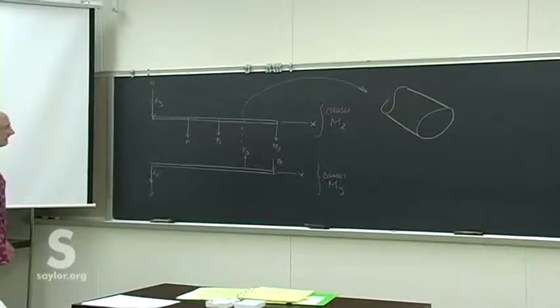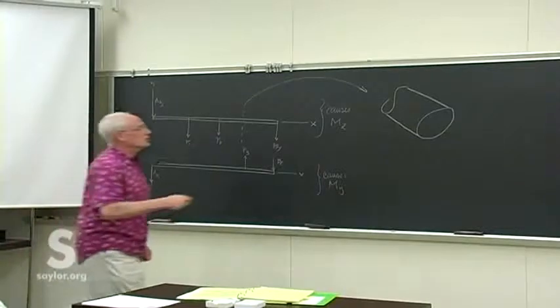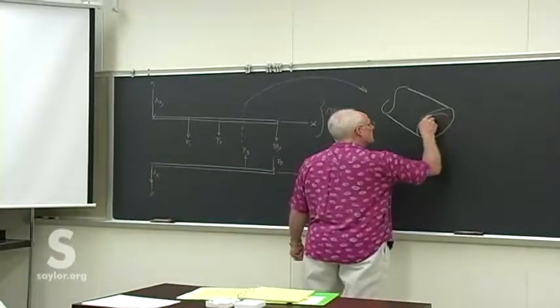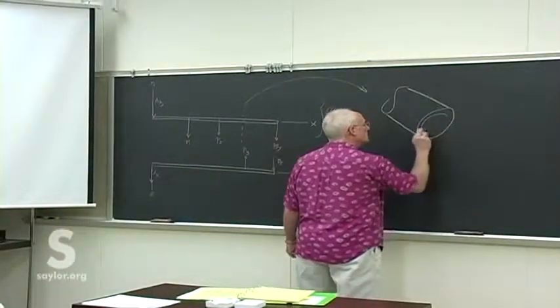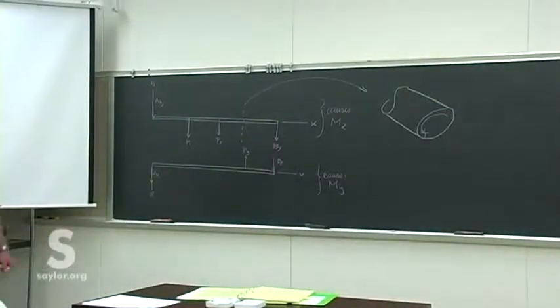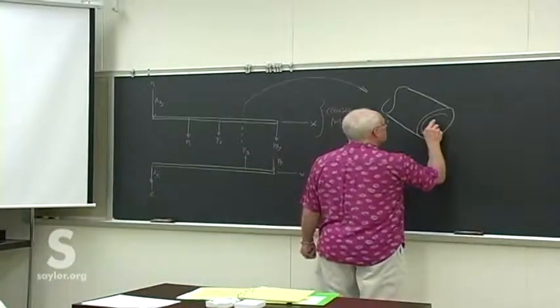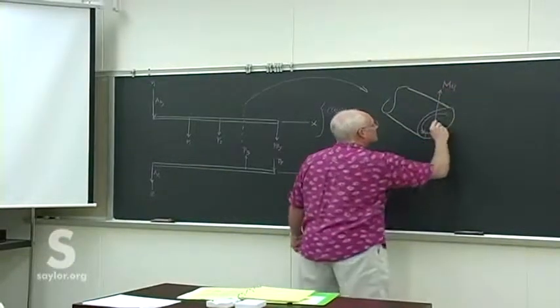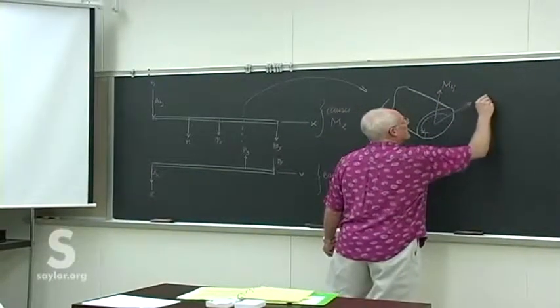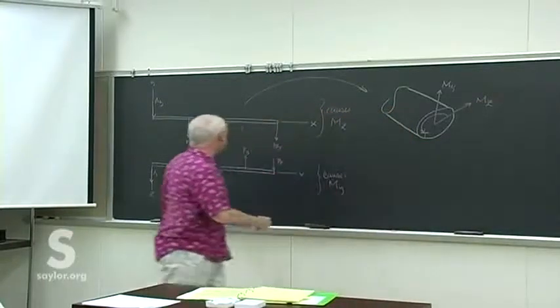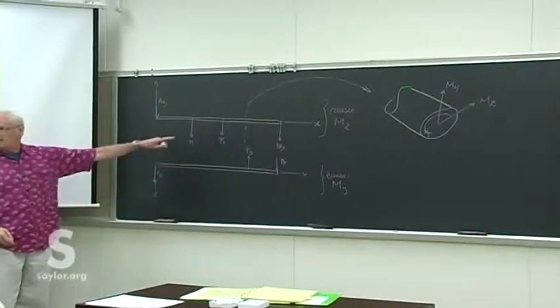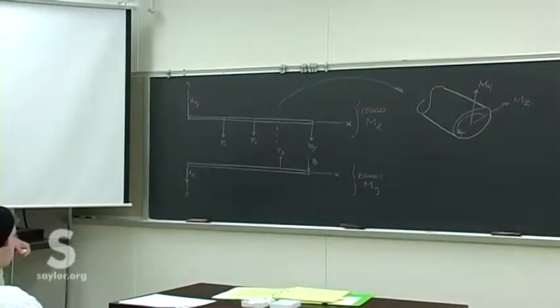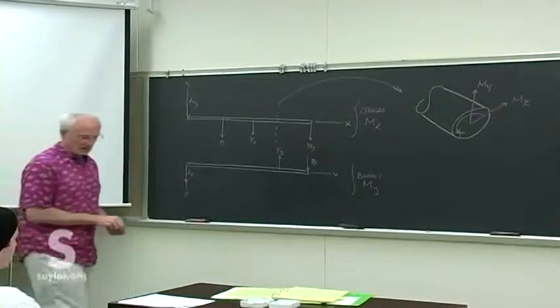Don't forget we've got those torsional loads there, so we're going to see some kind of net torsion in this material, the internal forces. But then there's also going to be some net moment in the y direction and some net moment in the z direction, depending upon how all these add up, what all the distances are, all those other things that we've done for problems like that.